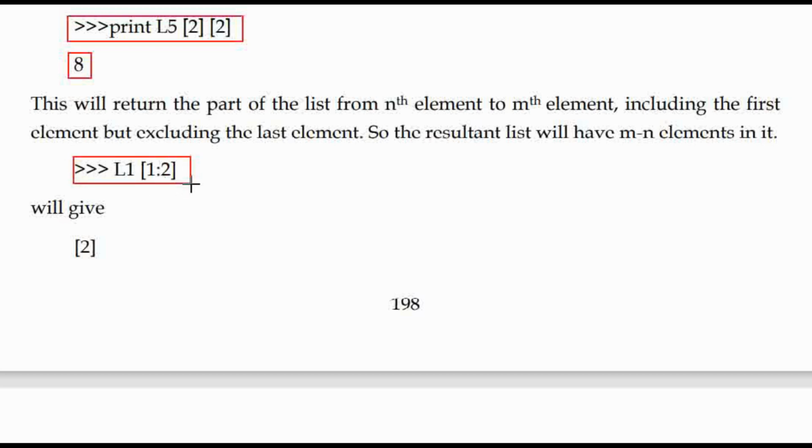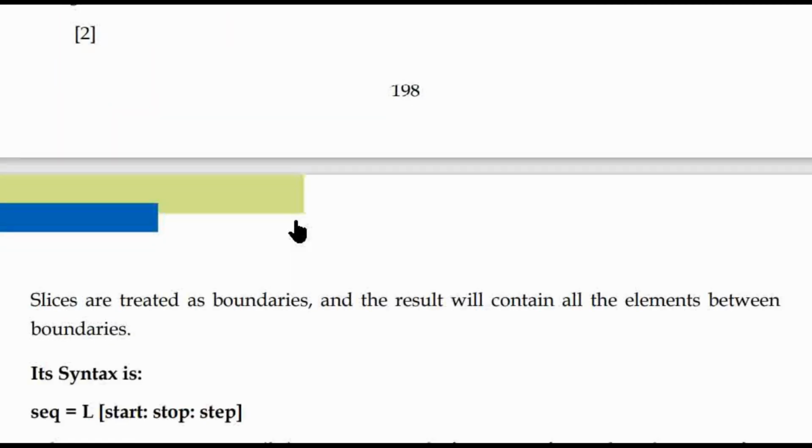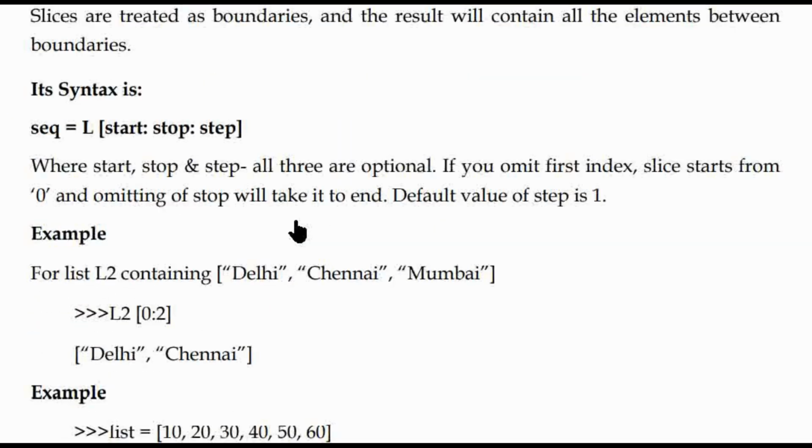So L1[1:2] will give 2 as output. Slices are treated as boundaries and the result will contain all the elements between the boundaries.